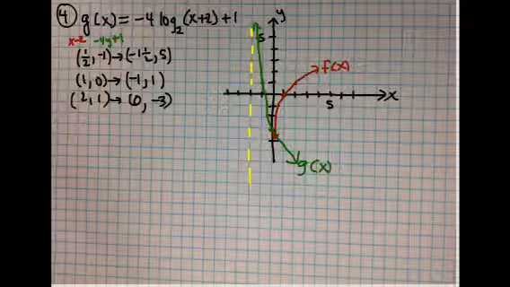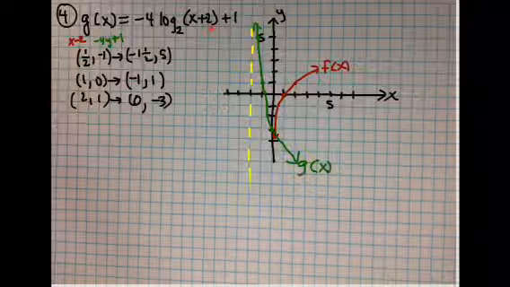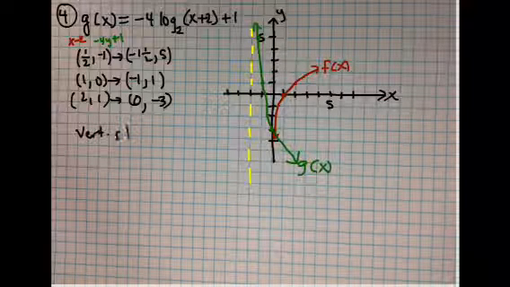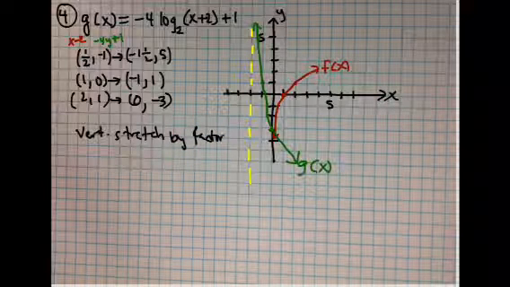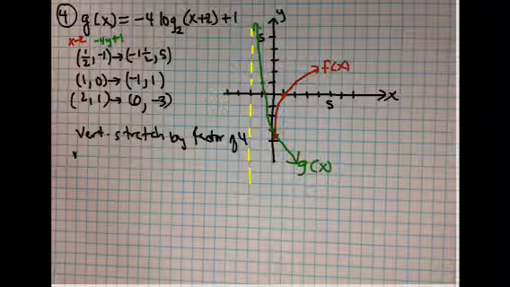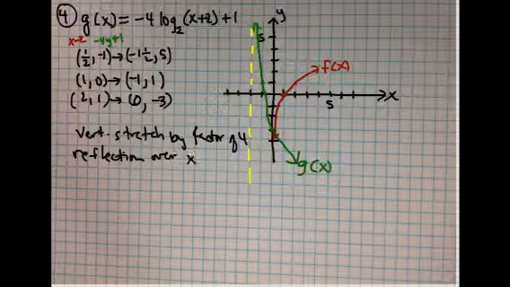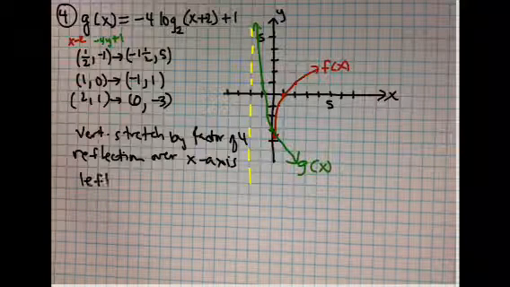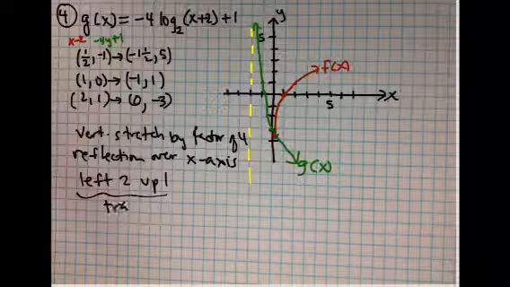They also want you to describe the transformations in this function, in other words, from here to here, what happened. So you're going to say, just like we did at the beginning of the year, vertical stretch by factor of 4, reflection over x-axis because it's negative 4, and then left 2, up 1, and this is the translation.